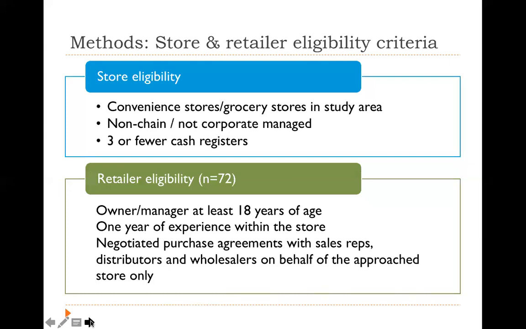And then once we determined store eligibility, we recruited retailers who were owners or managers and were at least 18 years old. They had to have at least 1 year of experience in the store and be responsible for negotiating purchase agreements with sales reps or distributors. And as a result, we had 72 retailers participate in our study. Next slide.